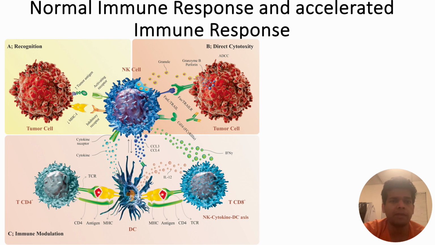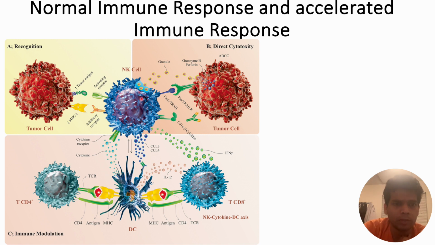Another kind of detection is via direct cytotoxicity, which we have discussed, where these immune cells trigger apoptosis within the tumor cells. There are two ways. Let us quickly revise. One way is triggering apoptosis through the extrinsic pathway, shown here, when the receptors on the NK cells interact with the receptors on the tumor cells, triggering apoptosis.